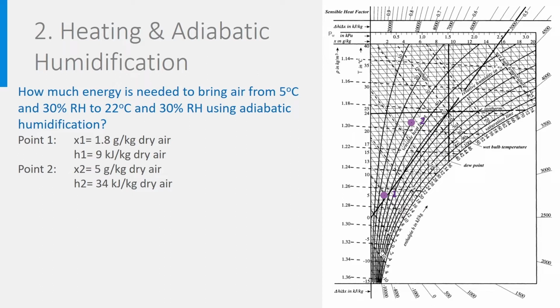So, to go from 1 to 2, we need to heat and to add water vapor to the air. The quantity of water vapor that must be added is 5 minus 1.8 is 3.2 gram water vapor per kilogram dry air.